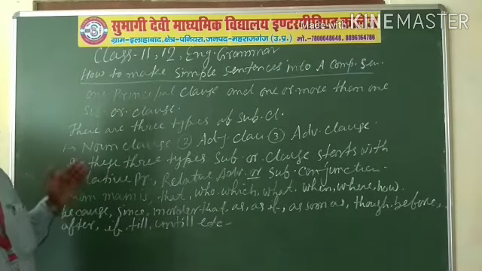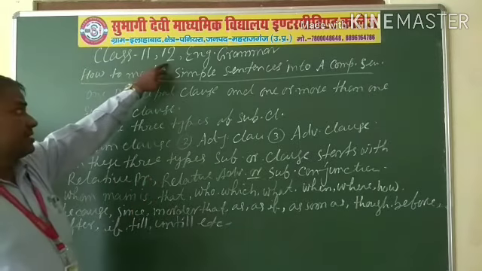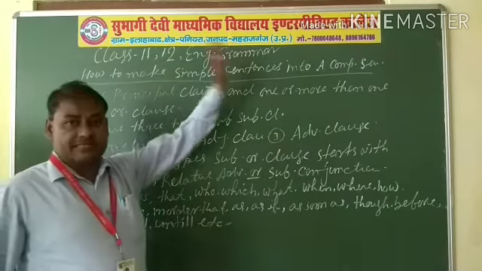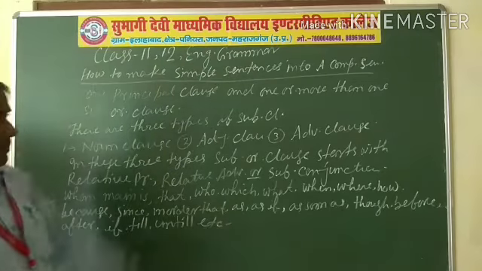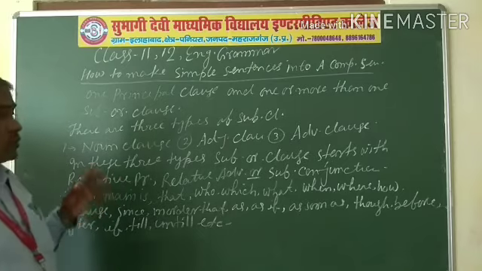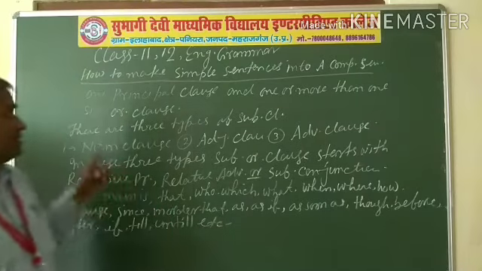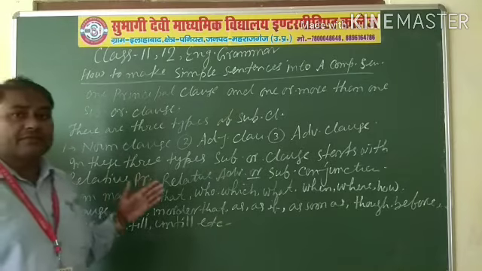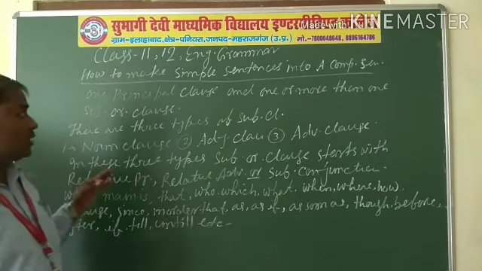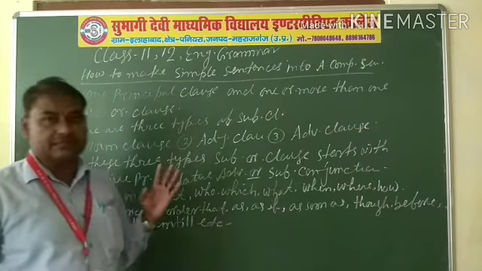Today in this online class, class first year and second year, English grammar chapter: synthesis. Before this, you have read how to make two or more simple sentences into one simple sentence, and after that you have read how to make two or more simple sentences into one compound sentence.